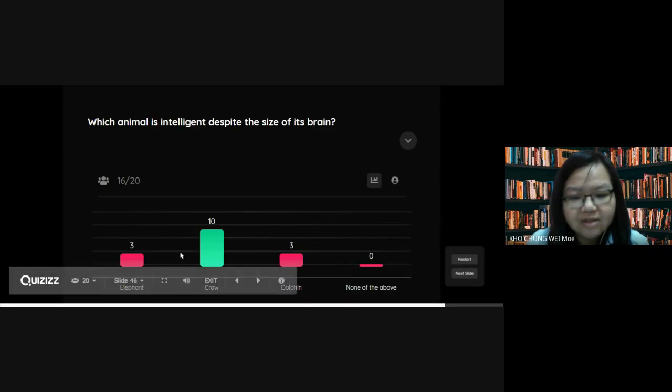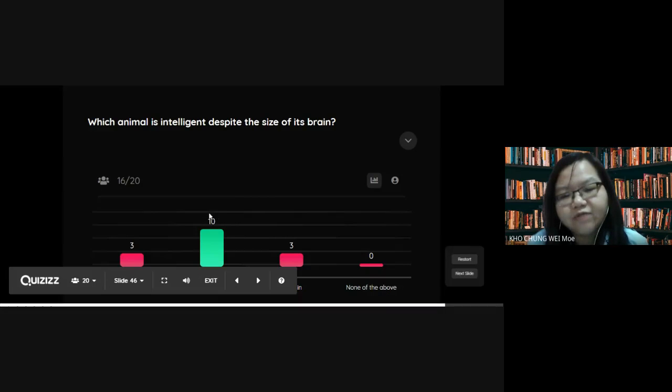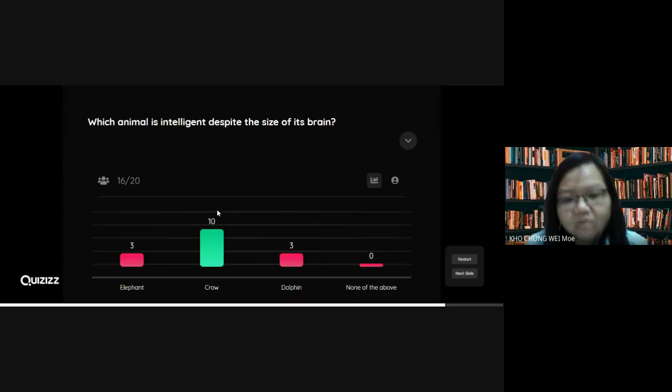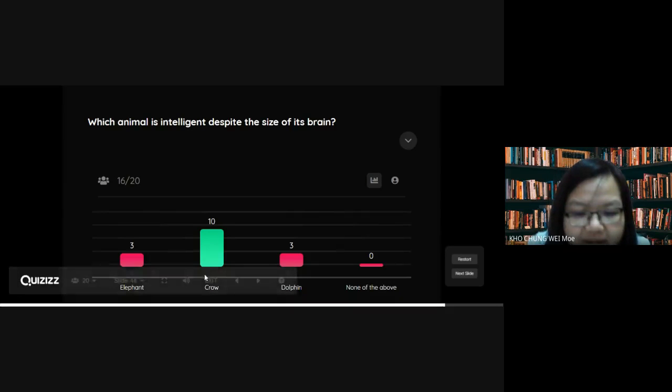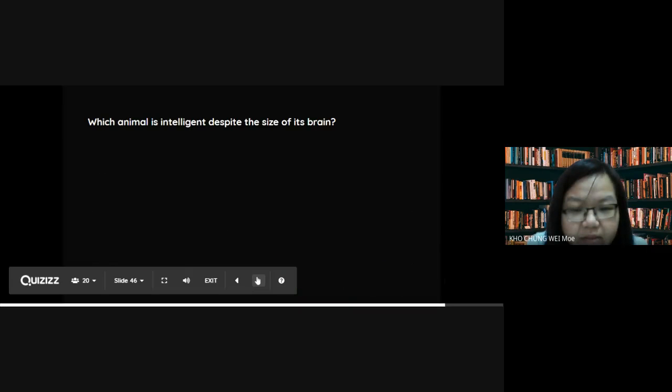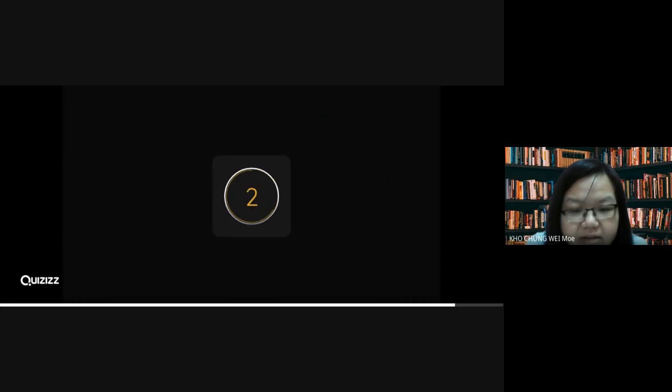So the answer is crow. All right, elephant is intelligent, but the brain is very big as well. All right, but crow is a bird, and bird has very small brains. So despite the small brains, it is intelligent. So most of you are correct. Okay? There's nothing mentioned about the brains for dolphin, so number 3 is not even related. Okay, next.